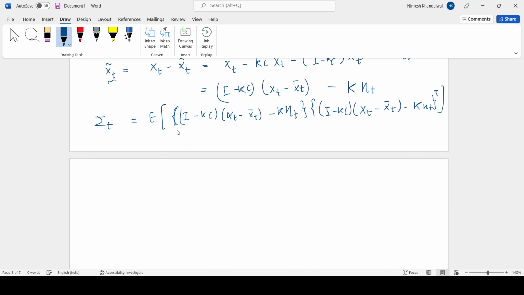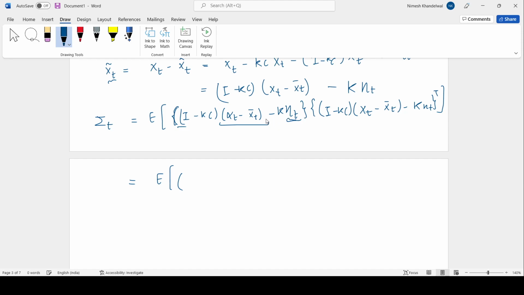Okay, now if we just expand it, what do we get? You expand and multiply, and again you have to keep in mind here that eta t is an independent variable. So the covariance between x t and eta t will be 0.